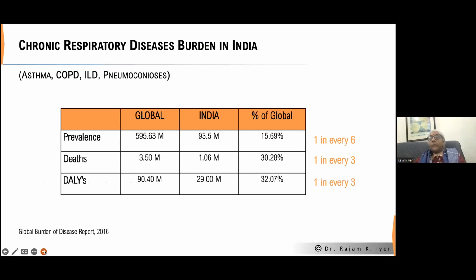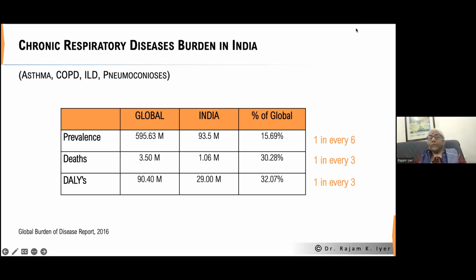To start with, why is it important to talk about respiratory diseases? Because the world over, we have a lot of patients suffering with respiratory diseases. If you see India, nearly 1 in every 3 is an Indian, so nearly a third of the global burden is in this country.